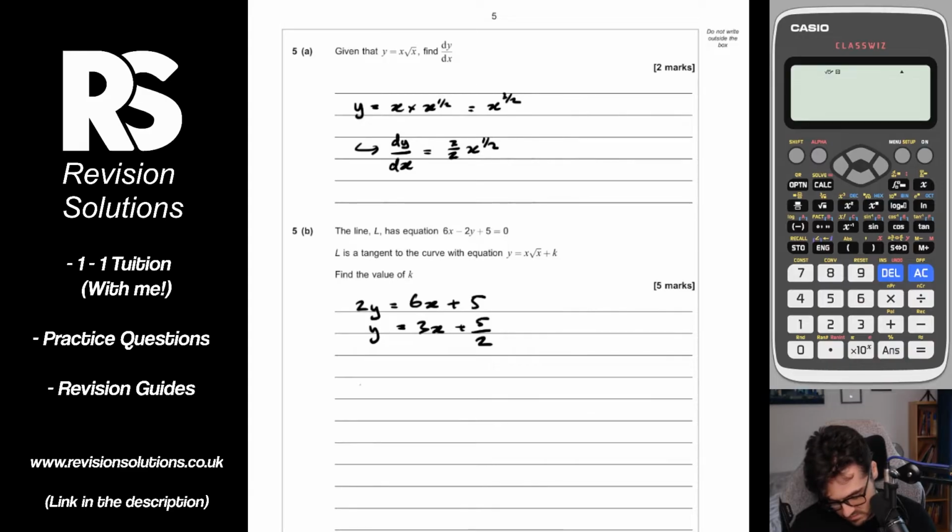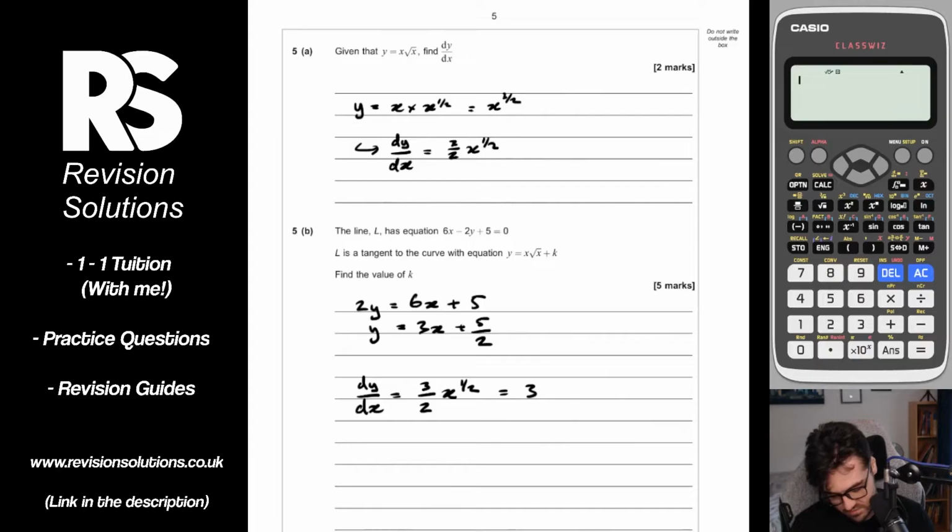So we know dy by dx is equal to our expression from earlier, 3 over 2 x to the half. But let's plug in the value of dy by dx too, which is 3 from our straight line. And now let's solve this equation. So 3 over 2 x to the half equals 3.